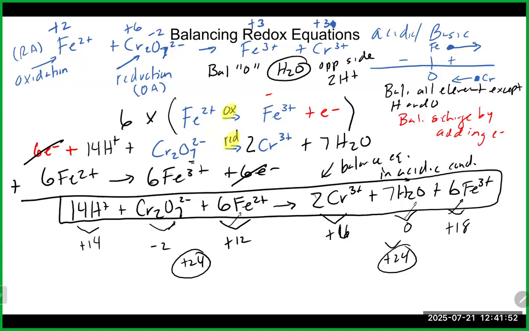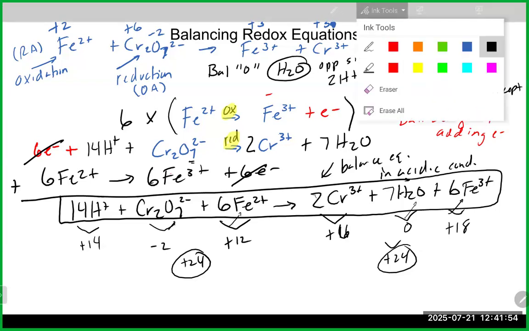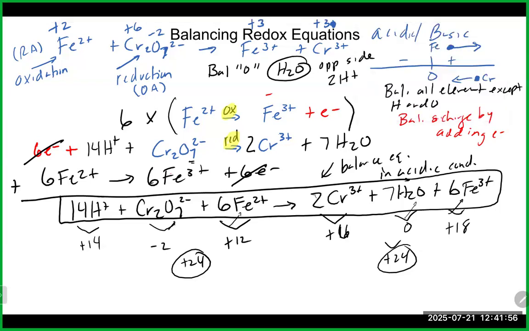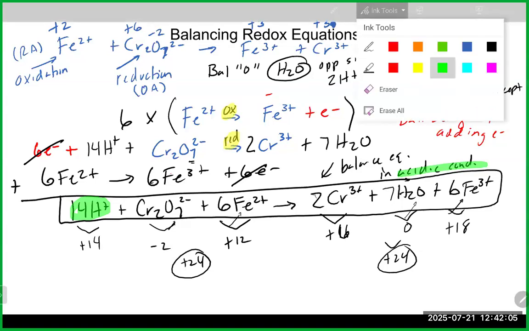By the way, how do I know this is balanced in acidic conditions? I know it's balanced in acidic conditions because that says H+ right there. So that would be a good little key. Now, how do you balance these guys in basic conditions?